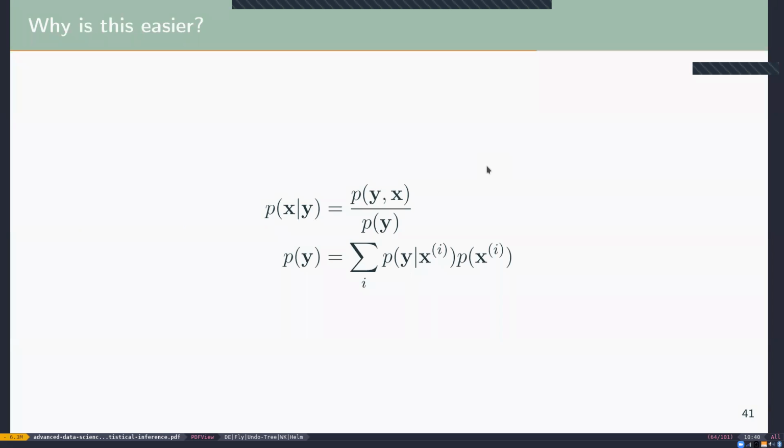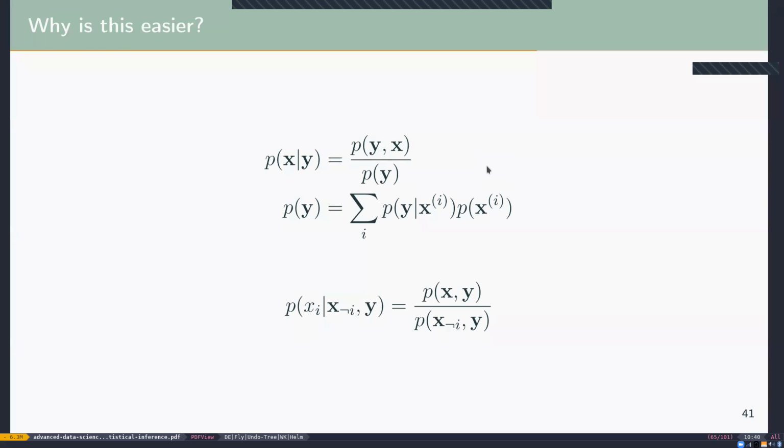So why is that much, much easier to do? This was the thing that we said that we needed to compute in the image segmentation example, where this n was just horrifically big. However, if we change it to this instead, where I'm just looking at one variable at a time, this distribution is really, really easy to formulate.